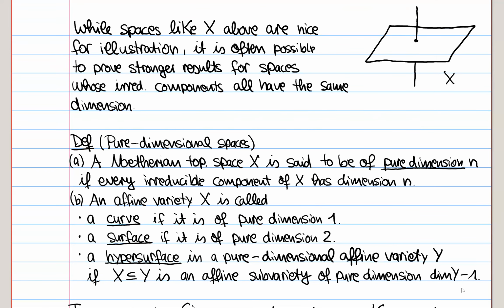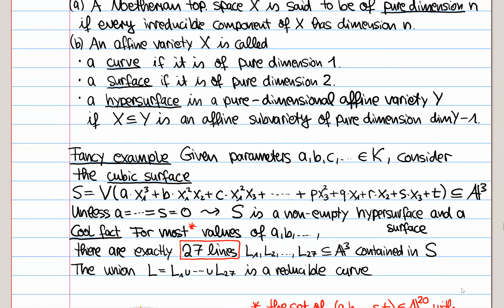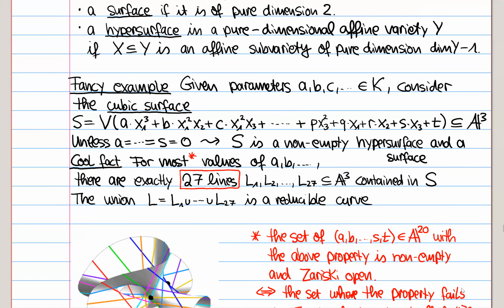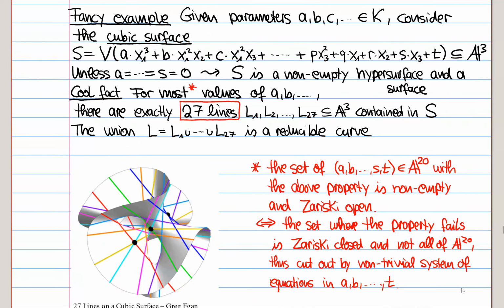And so I want to illustrate this with a very fancy example, also giving a bit of a foreshadowing of what comes later, because that example will reappear. The basic example is that we cut out, inside A^3, three-dimensional affine space, an affine variety S by a single equation.